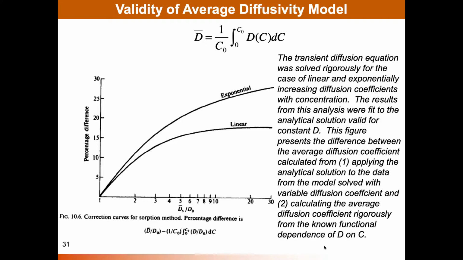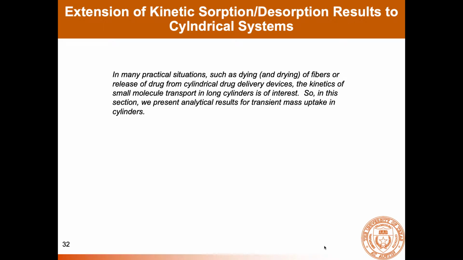And the deviation between this approximate model and the actual values is on the order of 15 to 20% at most. And I can tell you that in making measurements of diffusion coefficients in this field, it's hard to measure them that accurately. And so for all intents and purposes, this is a reasonable approximation.